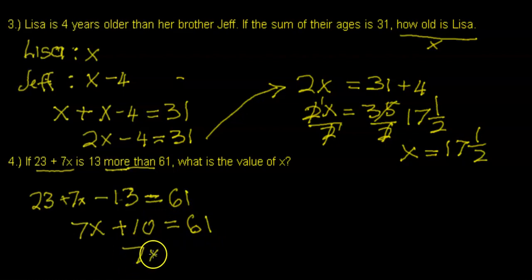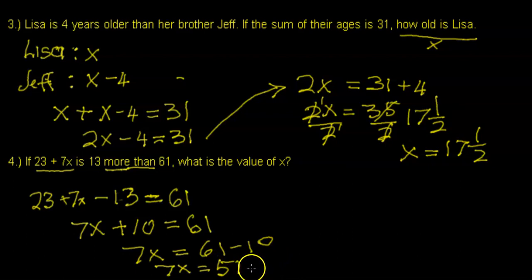So we go ahead, 7x equals 61 minus 10. And we have 7x equals 51.